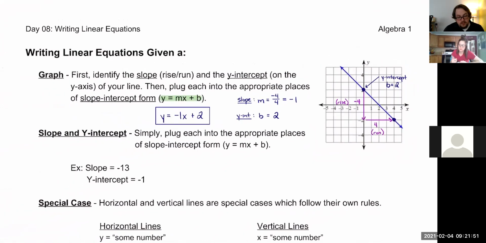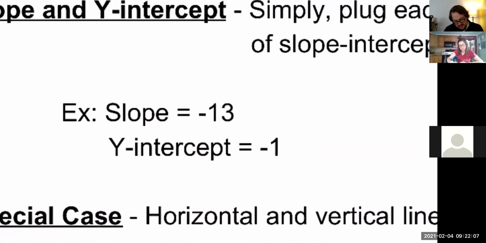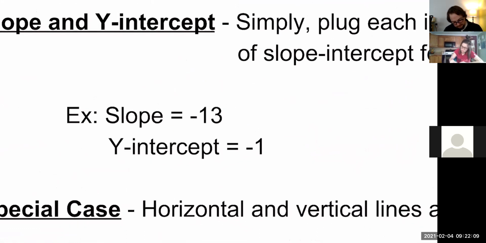Second scenario, writing a linear equation given a slope and the y-intercept. This is actually probably the easiest case because it already gave us the information. So all you have to really do is take that slope and the y-intercept, identifying which is which, and make sure to slide them into the right spots.